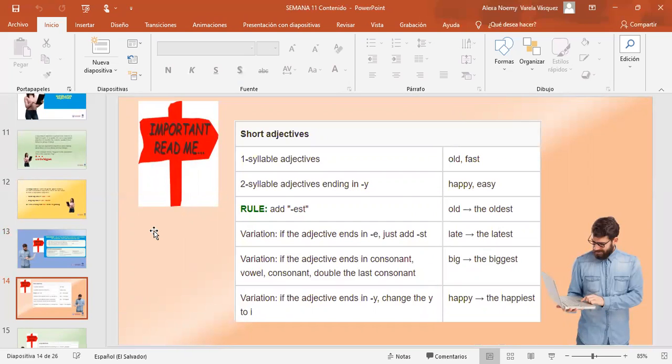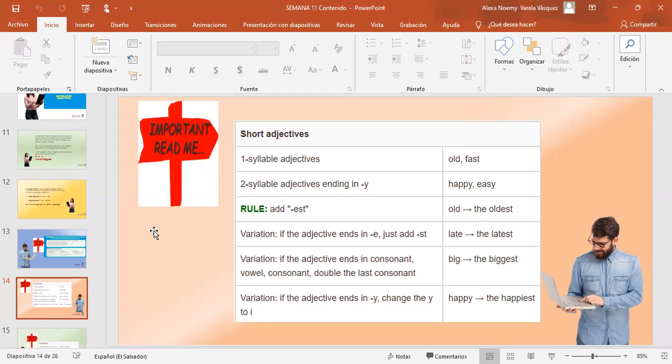Then we have two syllable adjectives ending in Y, and as I explained before, we change the Y for the I. For example, happy, happiest, and easy, easiest. The rule is that we add EST. With old, the oldest; with fast, the fastest; with happy, the happiest; and easy, the easiest.